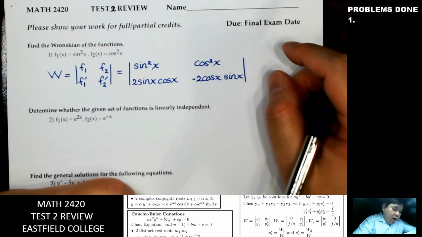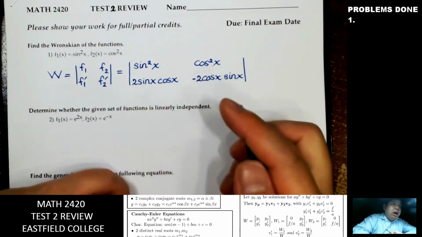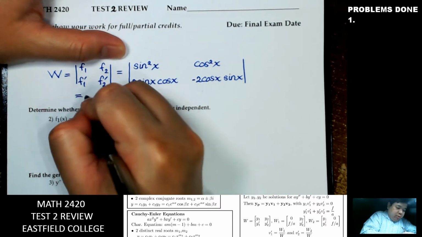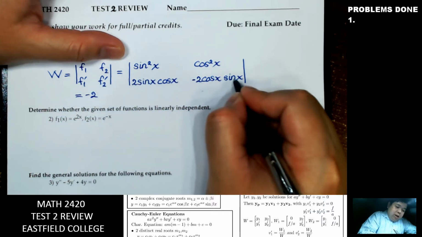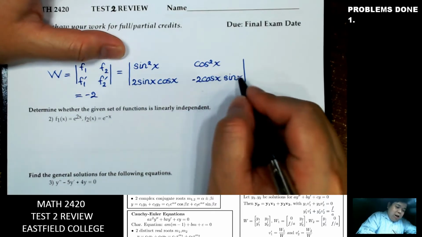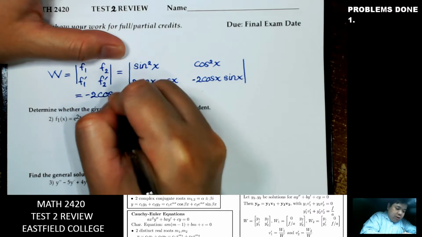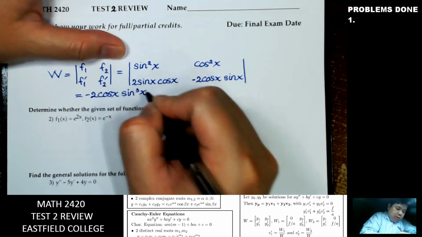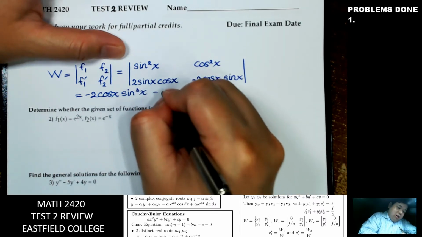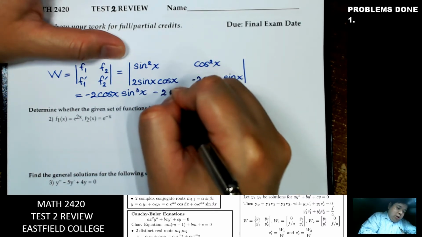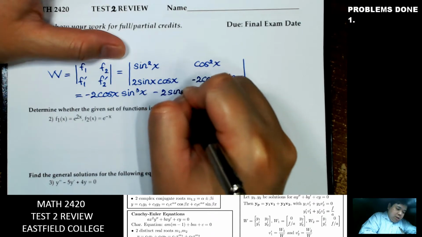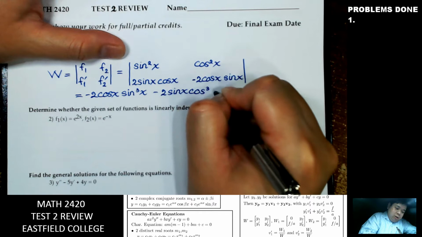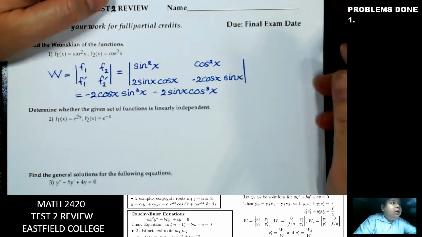Right, determinant 2 by 2, multiply and we subtract, so we'll have negative 2 sine cubed x, and that also minus 2 sine x cosine cubed x.